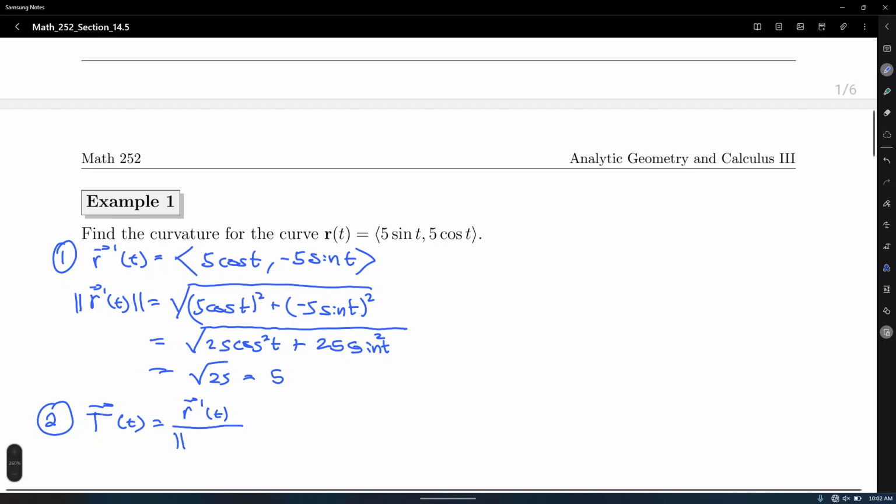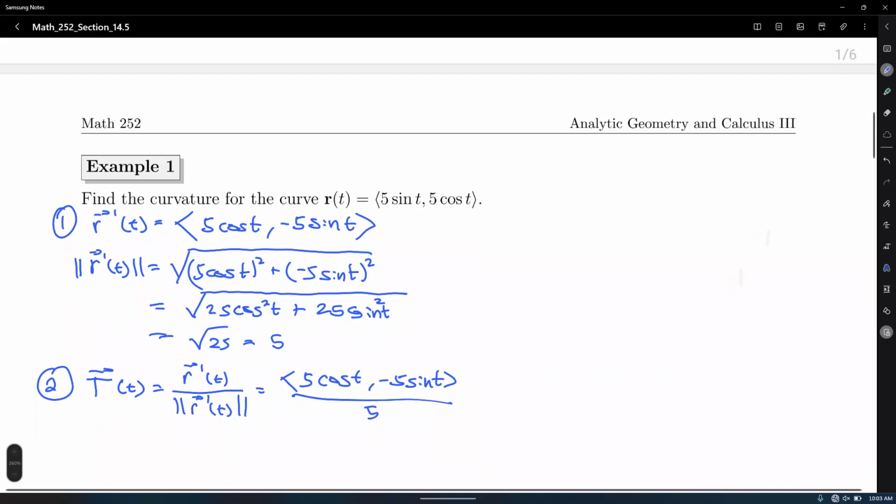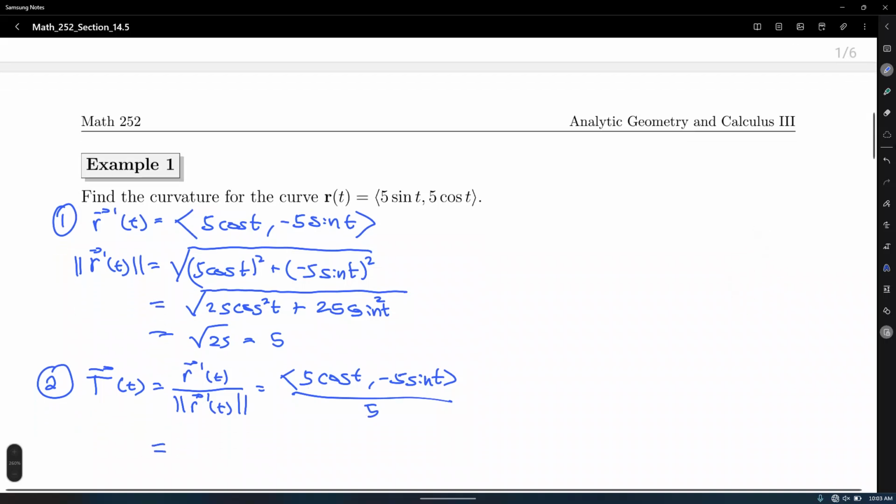And by the way, we don't need to calculate anything, because we already have it. r prime, that's what we got in part 1. That is 5 cosine t, negative 5 sine t, over its magnitude, which is 5. And to simplify this a little bit, divide out the 5s. That's simply going to give us cosine t, negative sine t.